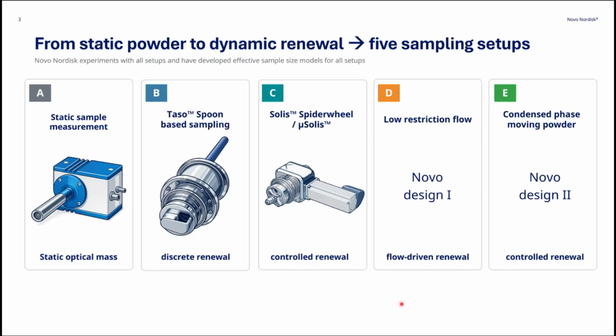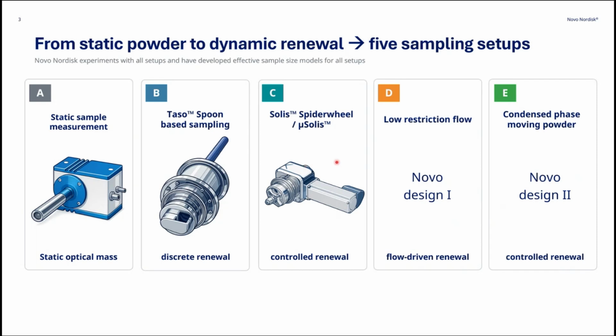So I've developed models for 5 sampling setups. You recognize some of them. I chose to show a probe here for a static sample measurement. We use the same models for this when we measure powder samples in vials on our QC NIR instruments. So for static sample measurement, we started with the Tazo spoon, and now we have worked with the spider wheel.